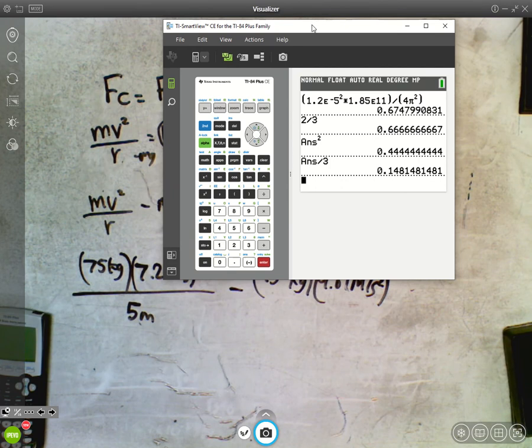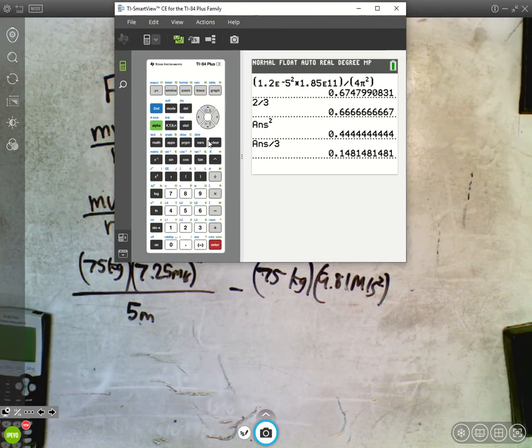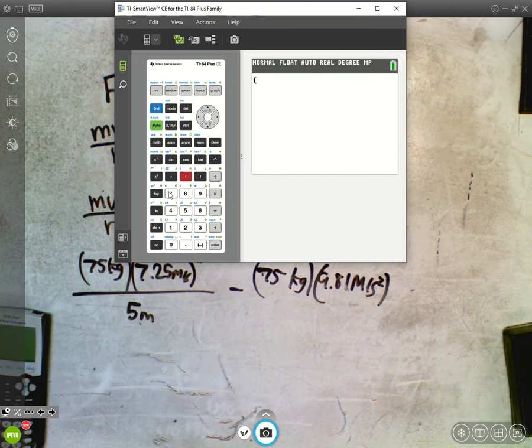So I would go 75 times 7.25. I should double bracket this to start. So I'll close the bracket for the top stuff, and then I'll divide it by 5, and then close my bracket for the bottom stuff, and then I'm going to subtract 75 times 9.81.